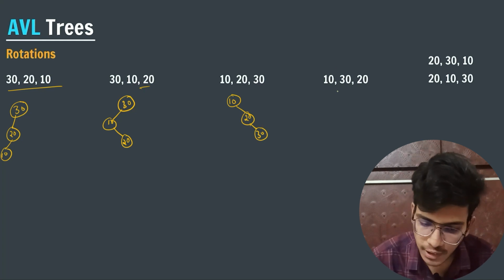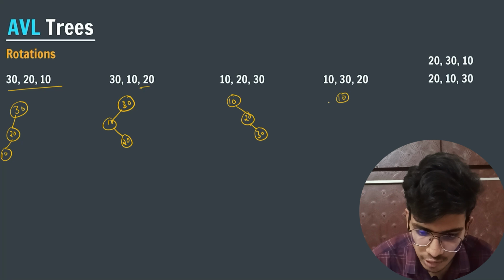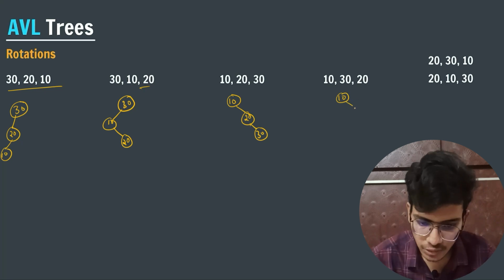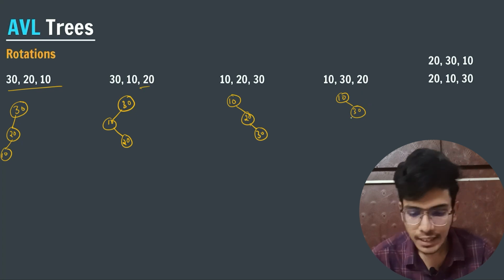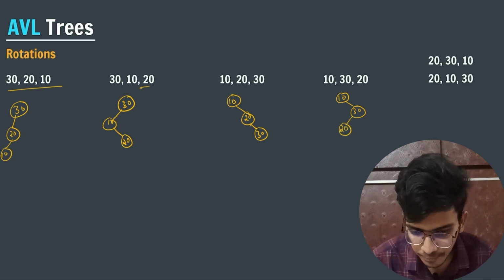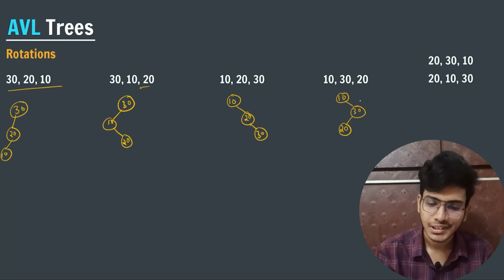Similarly for the fourth type of values, you can see 10 will become the root node. After that, 30 is greater than 10, so it will come on the right side, and 20 is less than 30, so it will come on the left side. This is the structure.